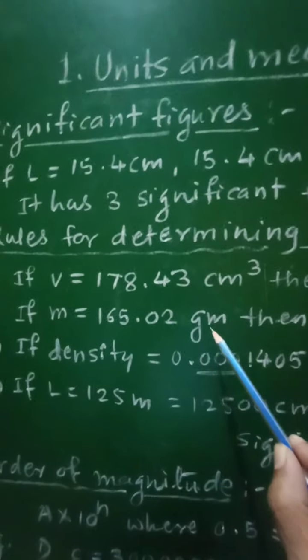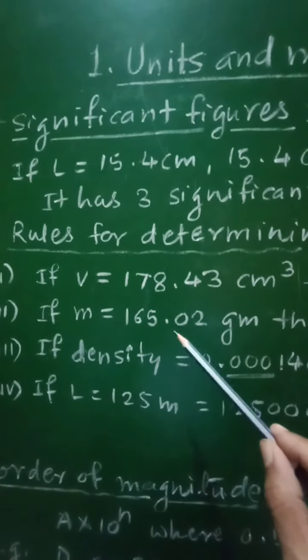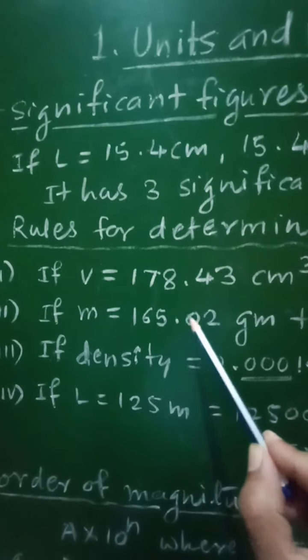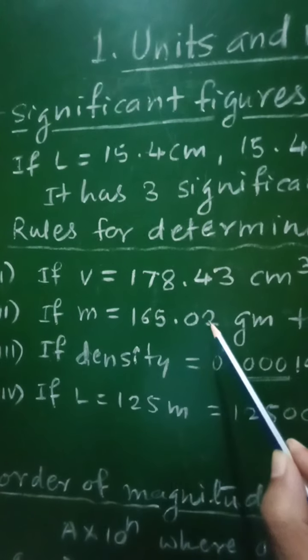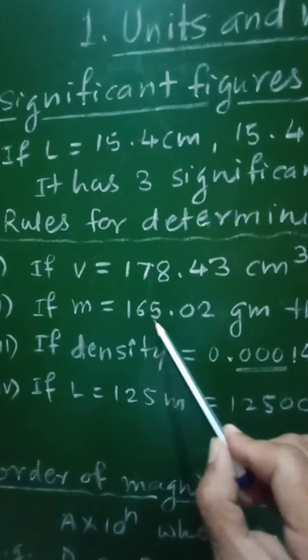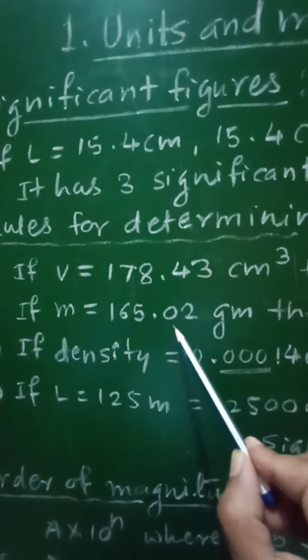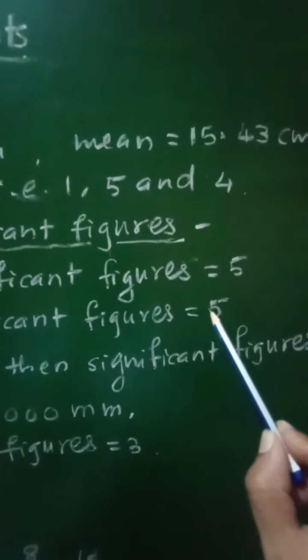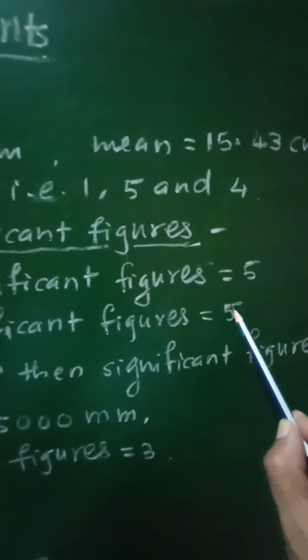Here there is a zero, but it is between 5 and 2, that is, two non-zero digits, and therefore it will be considered significant, and hence the significant figures for that mass will again be equal to 5.